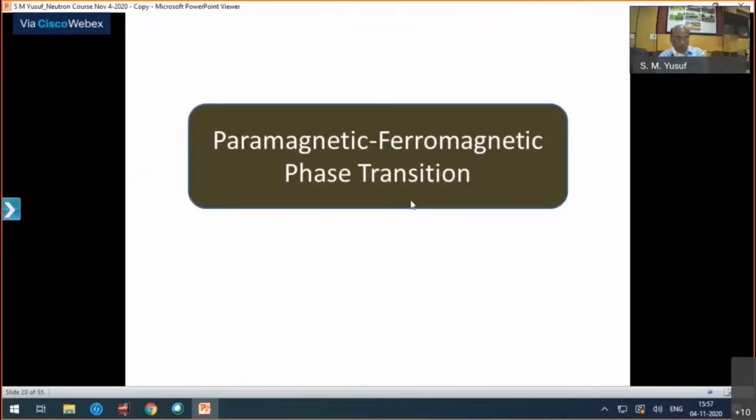Now what I do, of course I have many examples, but depending on the time, I'll stop at any point so that next day I can continue. I will be giving some examples, without elaborating too much on the physics part, on why we study that kind of magnetic material, but rather I will try to show what you get if you use neutron scattering on this kind of magnetic material.